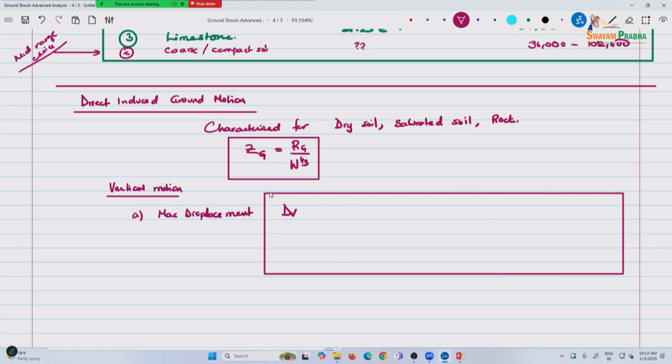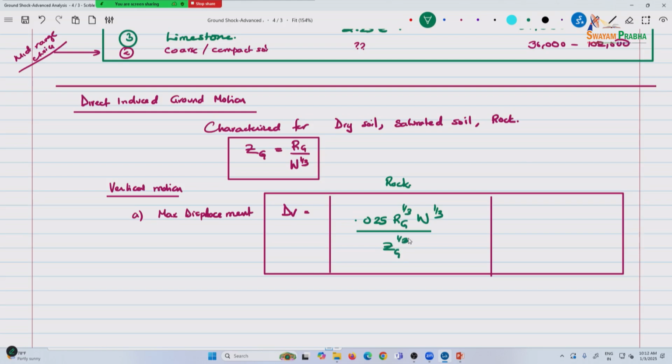and the expression, as I mentioned, is characterized for different types of soils. So if you have rock, for instance, in the case of rock this is given as 0.025 R sub G to the power 1 over 3 W to the power 1 over 3 divided by Z sub G to the power 1 over 3.